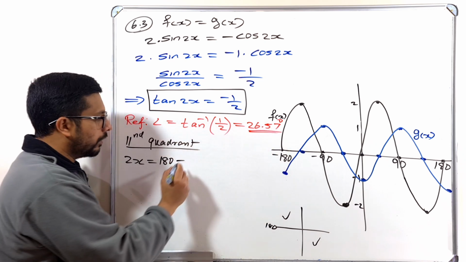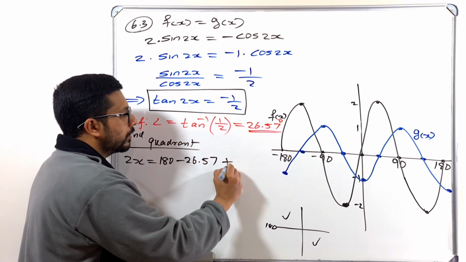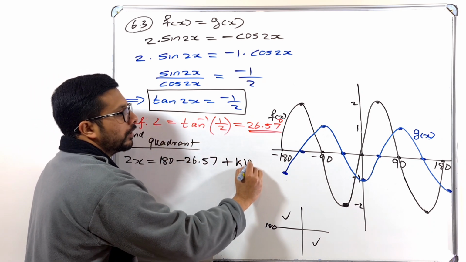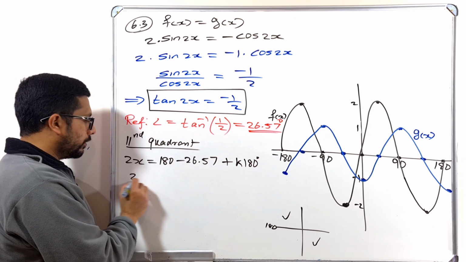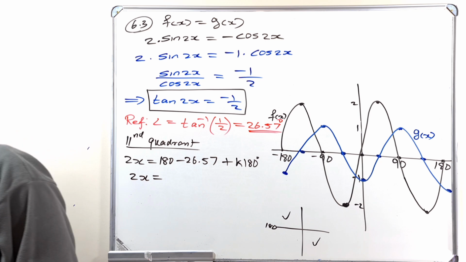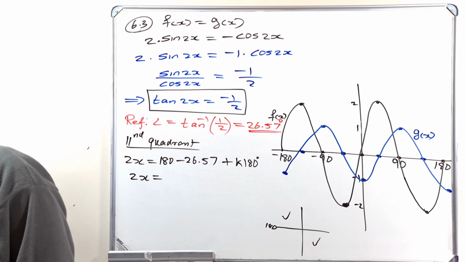What is the reference angle? 26.57, plus, since it is tan, you have to write plus k times 180 degrees. So take your calculator and try to find the answer: 180 minus 26.57, that is 153.43.